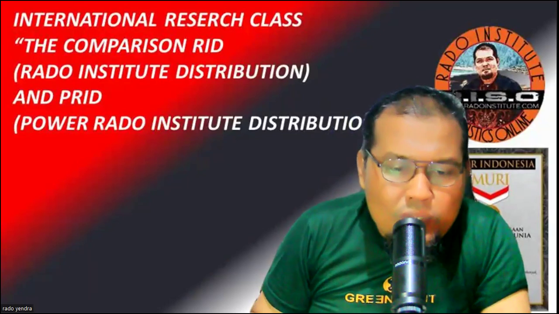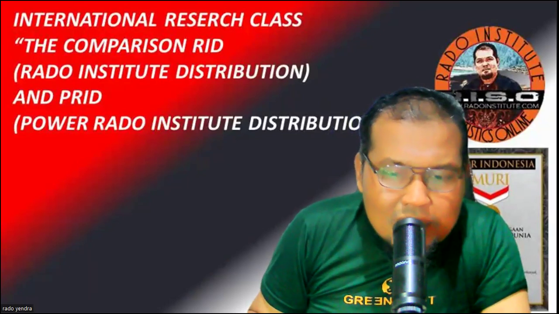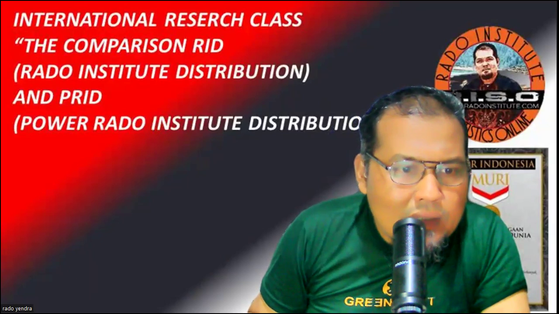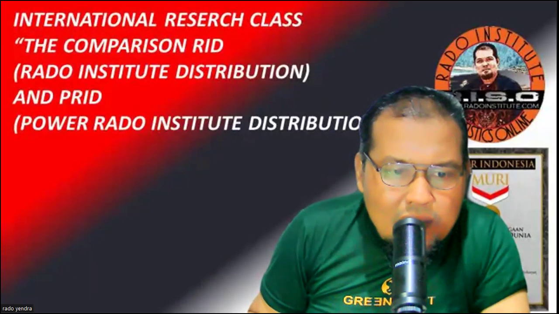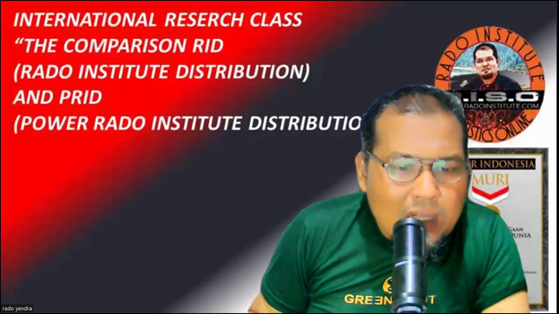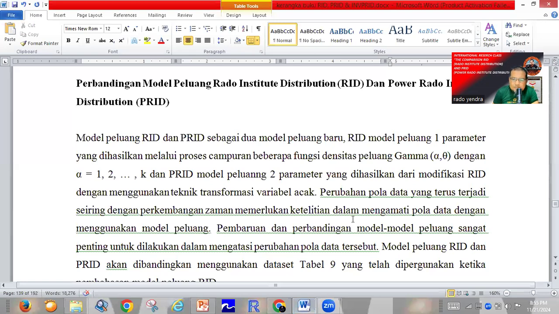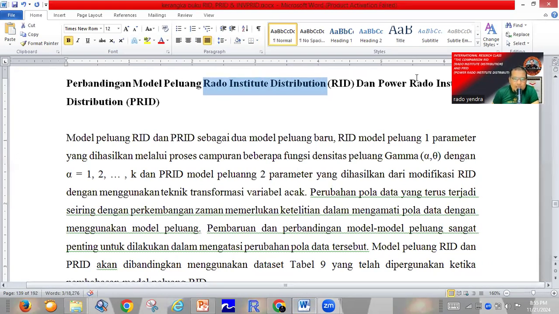Okay, we check the candidate books. Like I said before, the Rado Institute has the candidate books. In these books, we make the comparison between the RID, Rado Institute Distribution, and the PRID, Power Rado Institute Distribution.